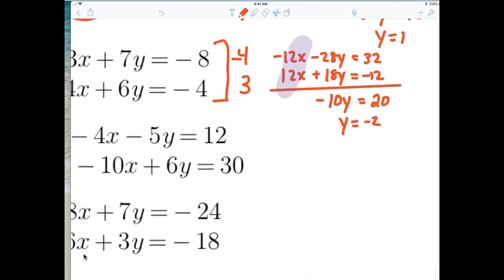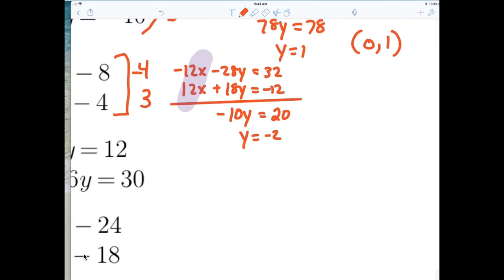Now what do I do? So it's going to be 12x plus 36, negative 36y. I mean, negative 36 equals 12. Okay, now you've got to slow down. You understand what I'm saying, right?